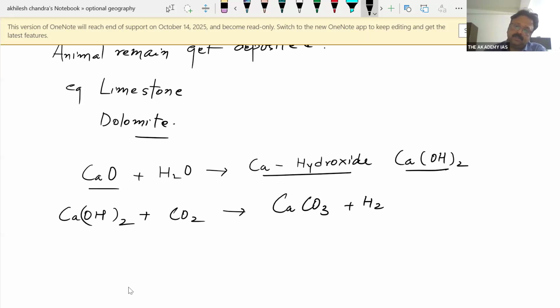In the process, water is released. This calcium carbonate gets deposited and forms limestone.